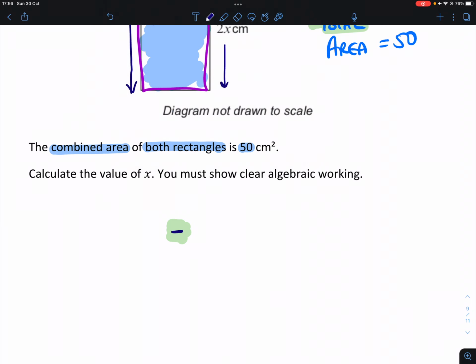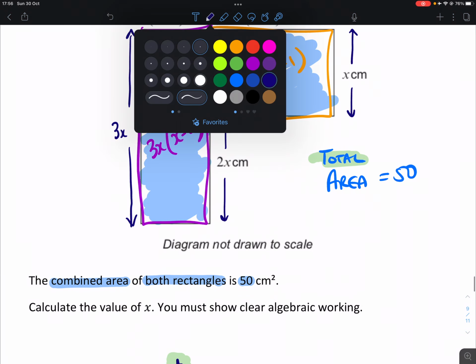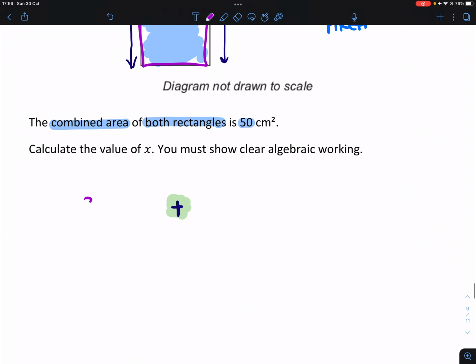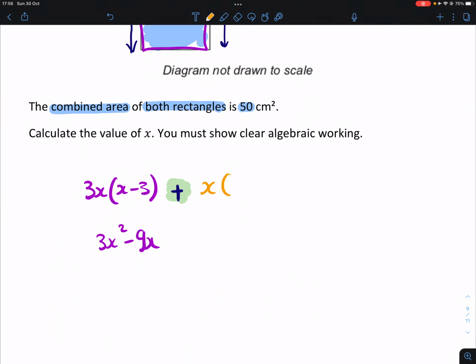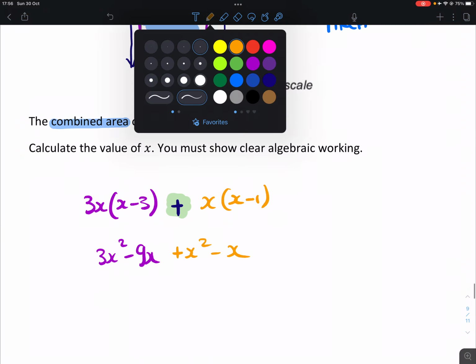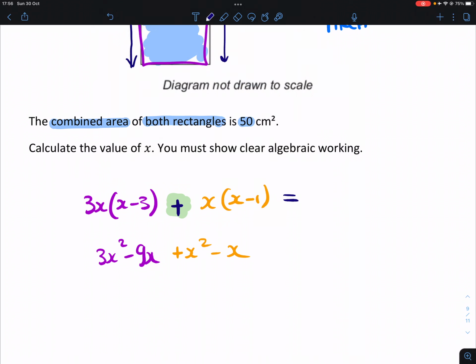So we have our 3x, x minus 3. Of course, I can break that out straight away if I want: 3x squared minus 9x. And then our red one, plus x, x minus 1, which when we break it out is going to give us a plus x squared minus x, and they're going to equal 50.